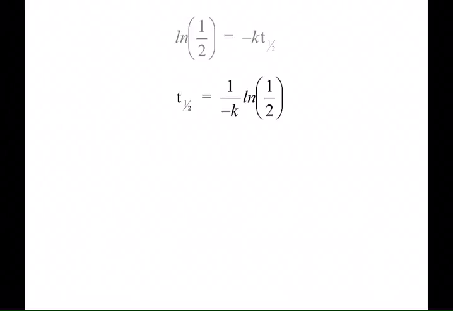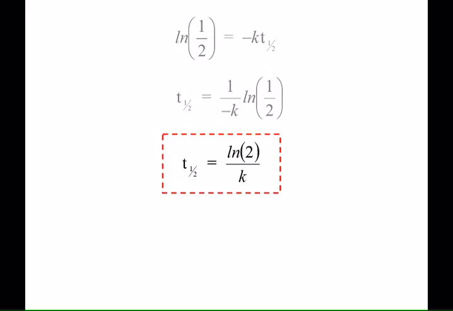So rearranging that, dividing both sides by negative K, the half-life, T1/2, is equal to 1 over negative K times the natural log of 1/2. That also, I think, will be on your sheet.